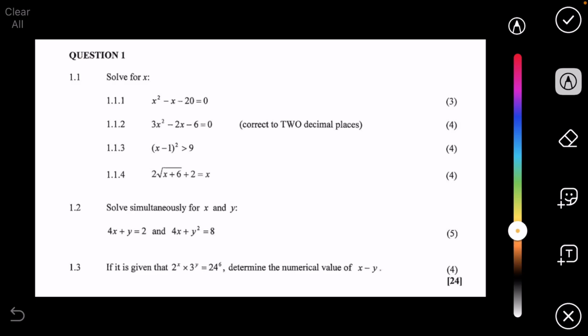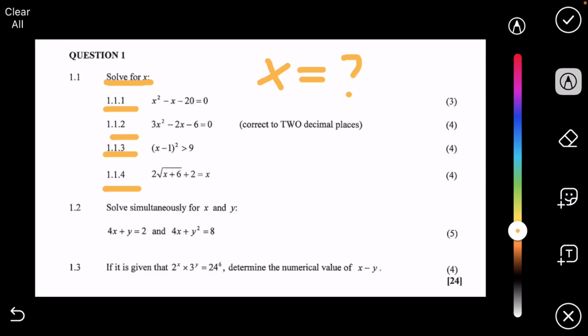Question 1.1.1. Ladies and gentlemen, remember, you're given an instruction where they say solve for x. What does it mean? It means your final answer for 1.1.1, 1.1.2, 1.1.3, 1.1.4, in the end, you should be having x equals whatever you calculated.